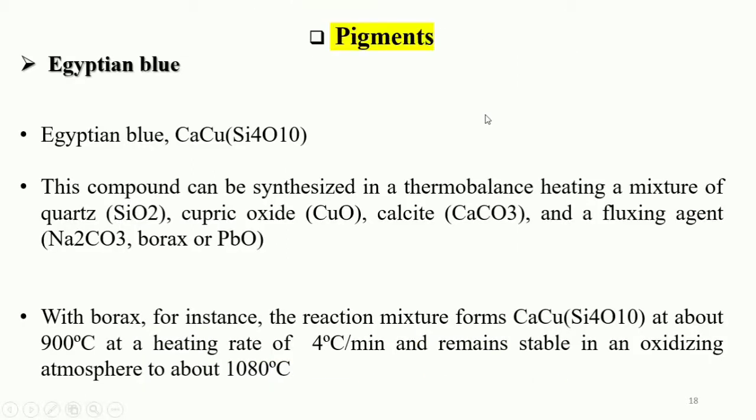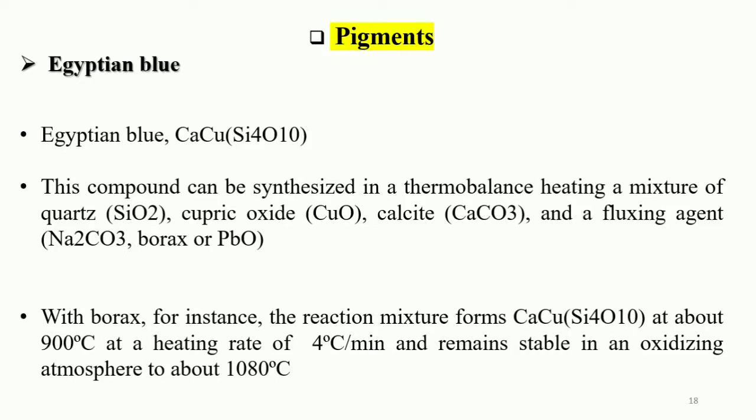So let's talk about the pigments. The first one is Egyptian blue. Egyptian blue has the formula CaCuSi4O10. It is a very stable pigment which can be found in many works of art from Egyptian and Roman civilizations.